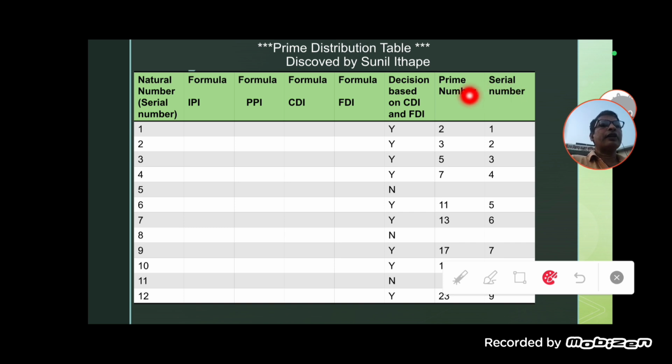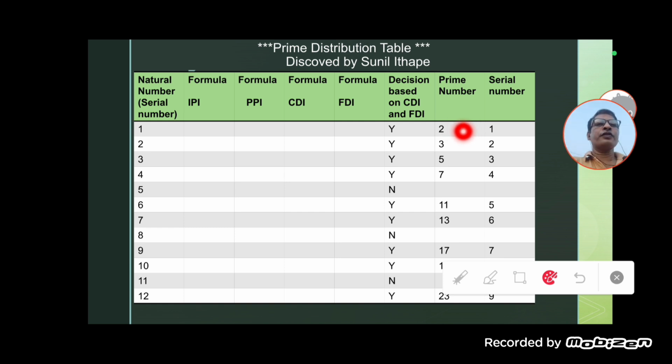The second last column is the prime number. In this column we get all the prime numbers generated, numbered first, second, third like this. In short, we input the natural number and we get the prime number as output.